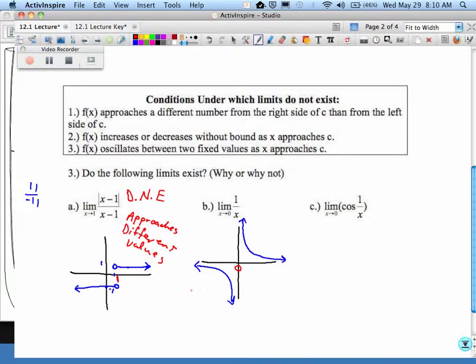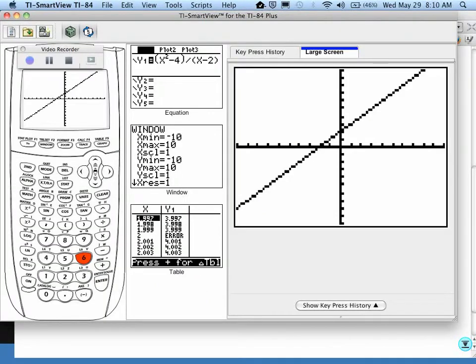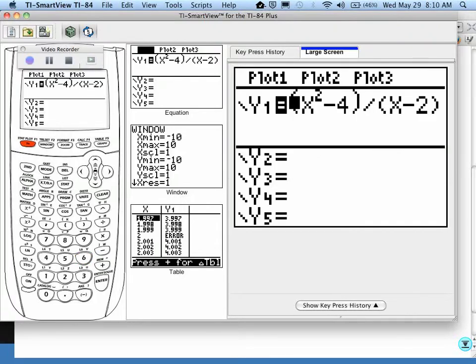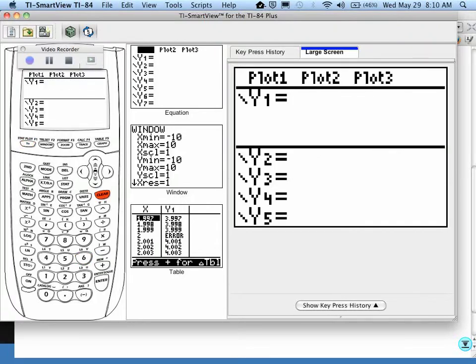The last one, let's just graph it. Was it 1 divided by cosine of x? Is it just like that? Okay. I will switch back to radian mode.